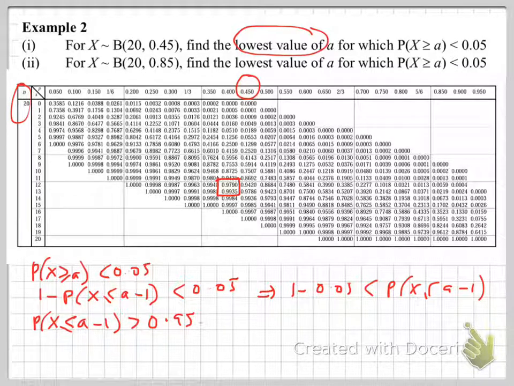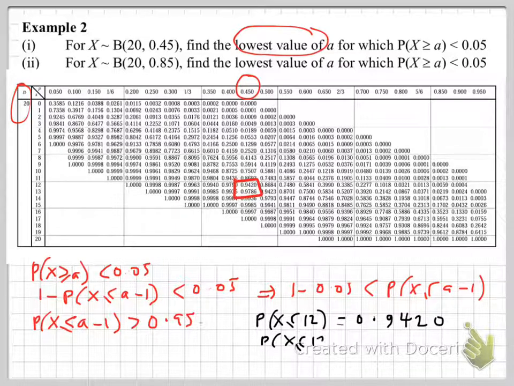So if we write that out, we know that the probability that X is less than or equal to 12 equals, sorry, I beg your pardon, that's the wrong box. We want this one here, 0.942. So probability X is less than or equal to 12 is 0.9420, and the probability X is less than or equal to 13 is 0.9786.